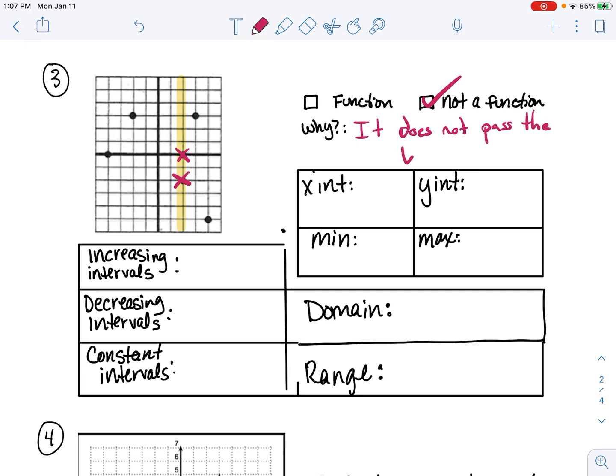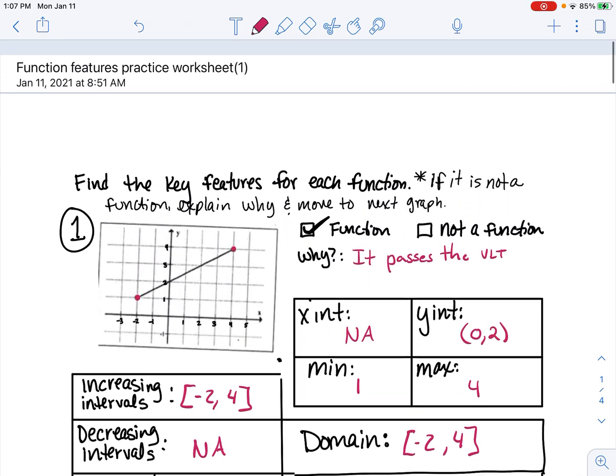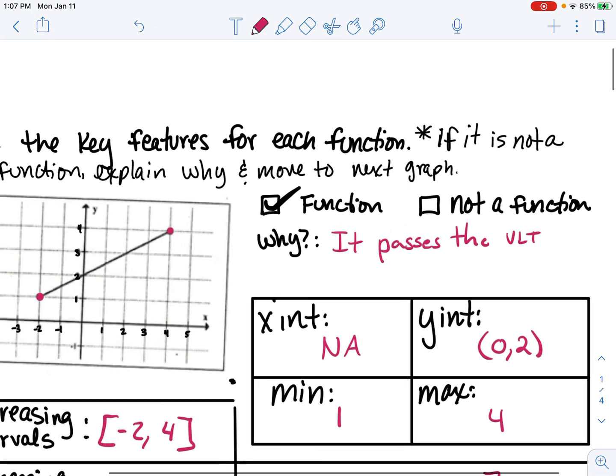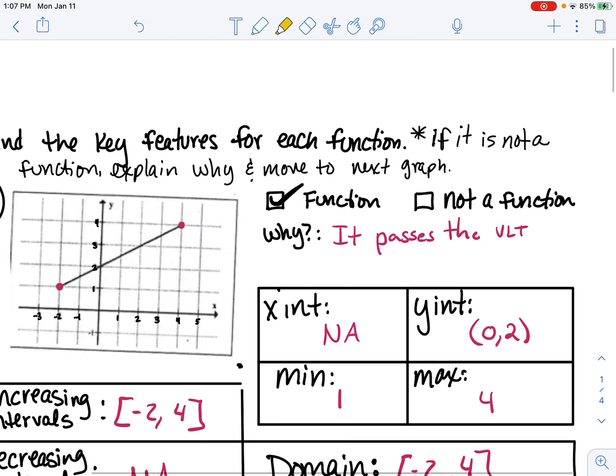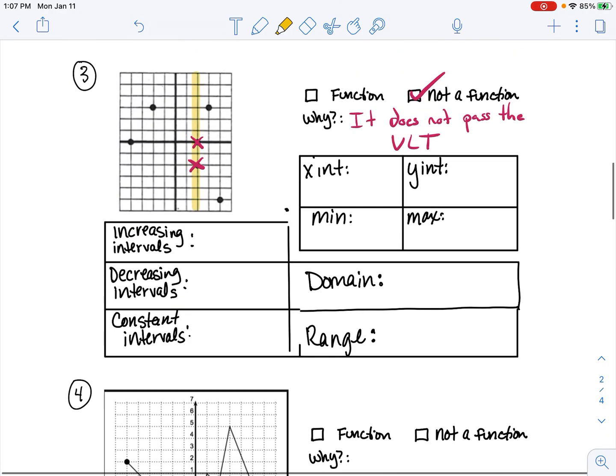Does not pass the vertical line test. Now, the special instructions said if it is not a function, explain why, and then move to the next graph. So we can just go ahead and move to the next graph.